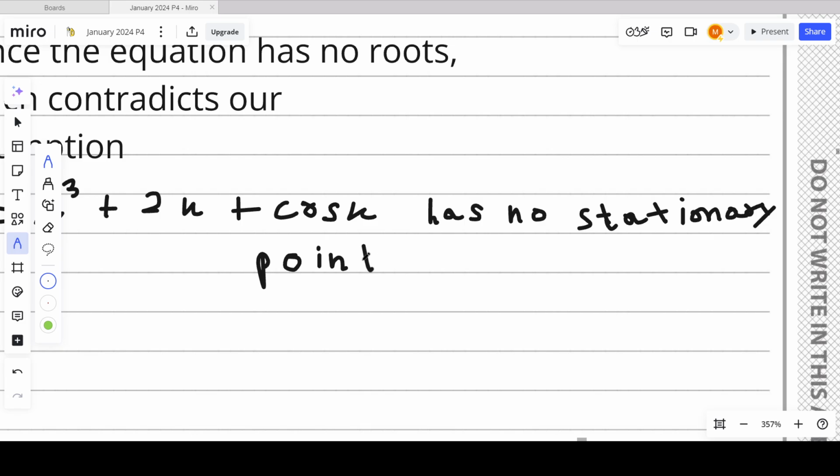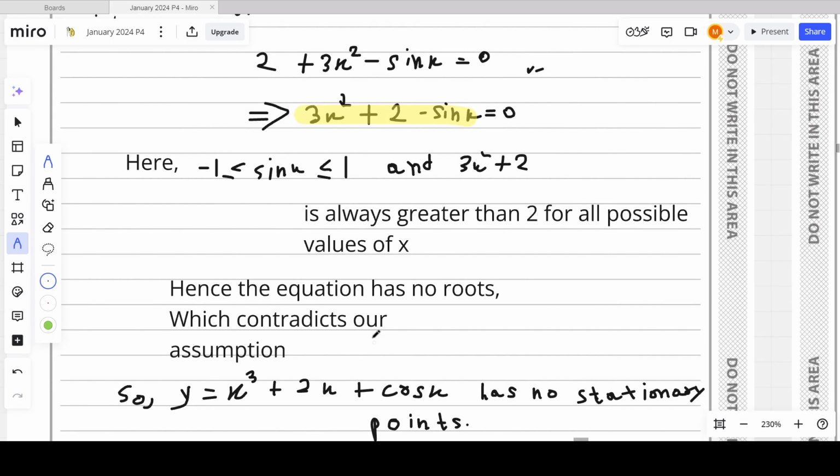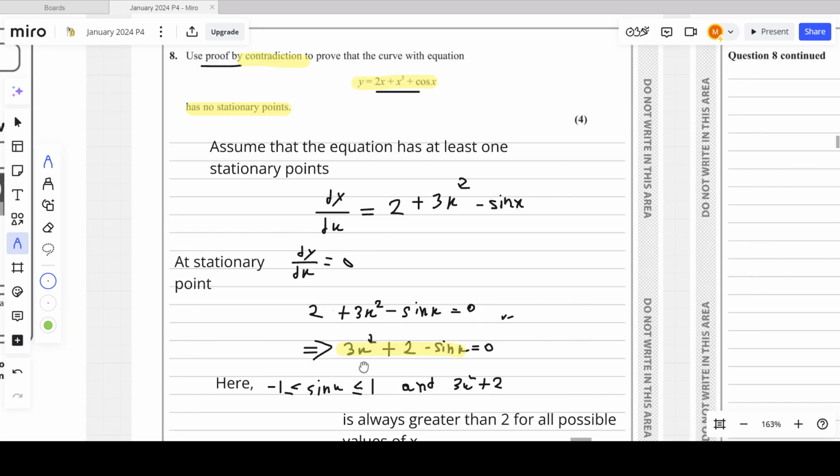That's it. So this is basically the concept of proof by contradiction.